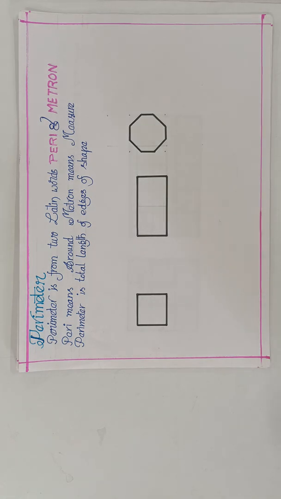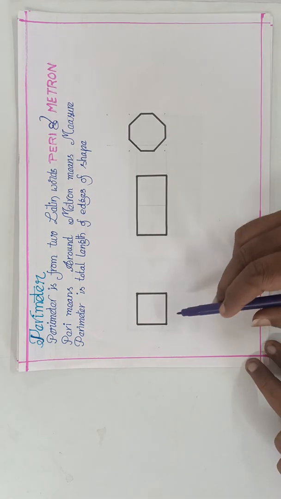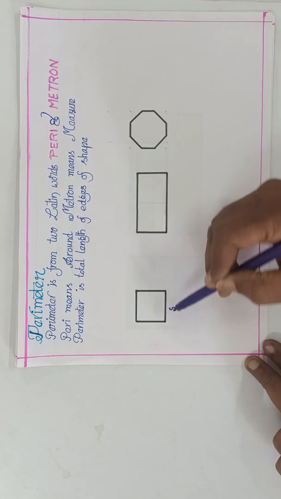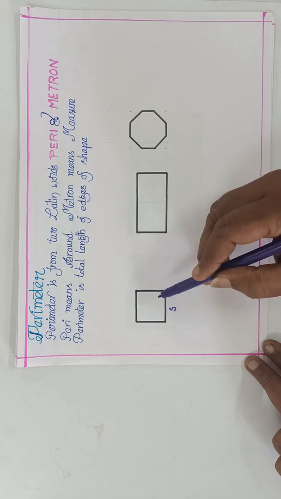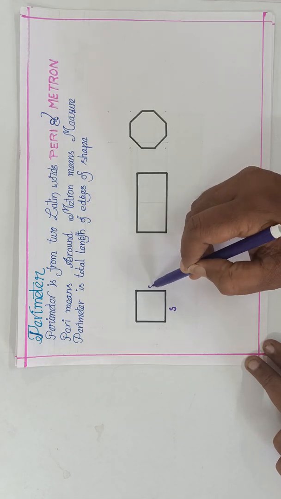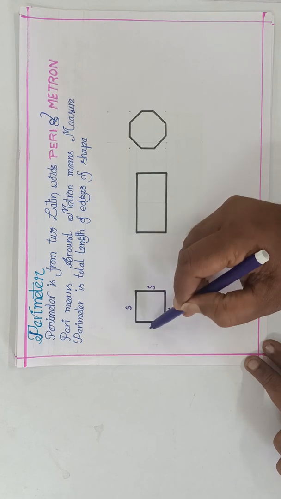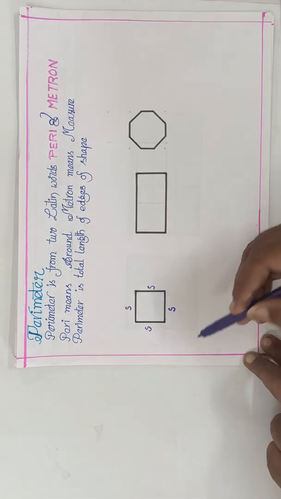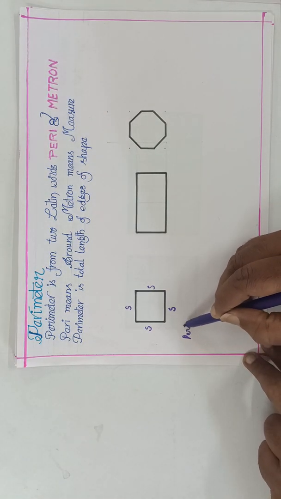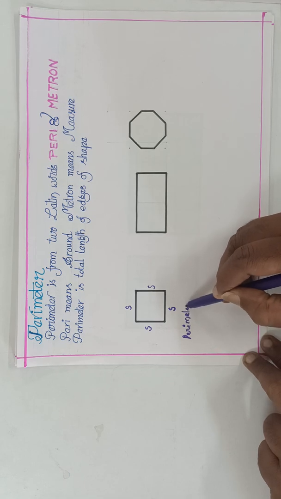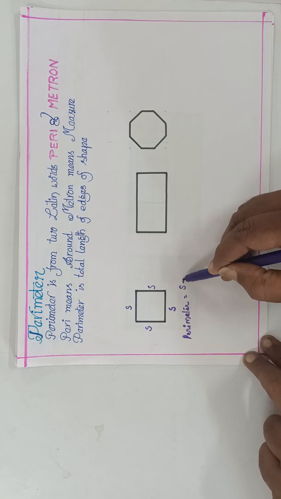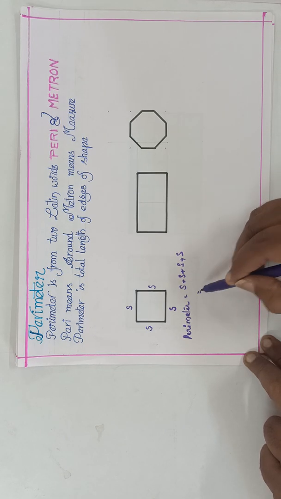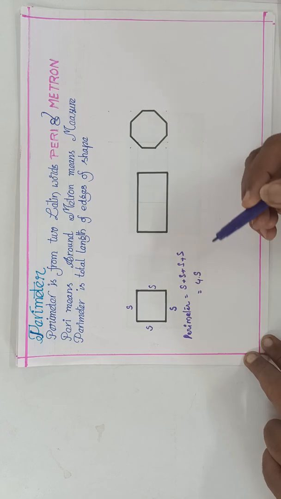So to measure the perimeter of this shape, let's say this is S. These two sides are equal, so this also becomes S, this also becomes S, and this also becomes S. So the perimeter of this shape is S plus S plus S plus S, which means 4S.